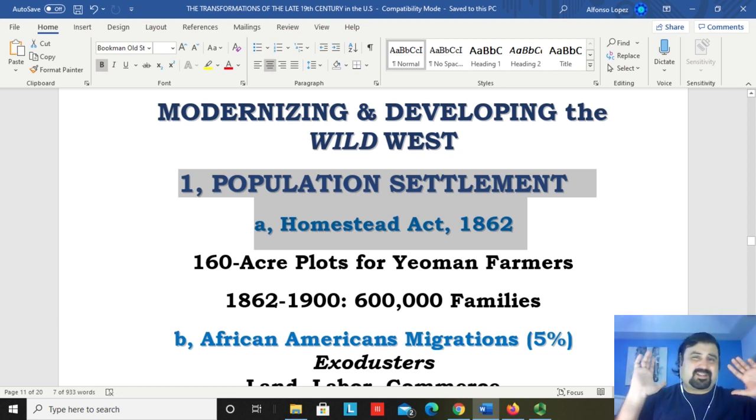There's going to be a significant number of people pouring into the Wild West, particularly in the very middle of the Civil War. In the midst of the Civil War in 1862, the gates were totally open for Americans to pour into this region by the millions, particularly Americans coming from the north.